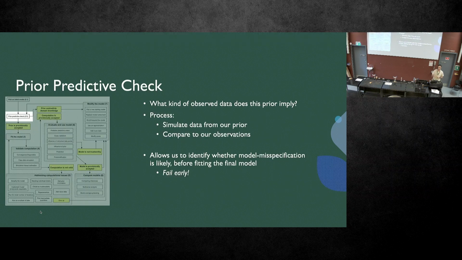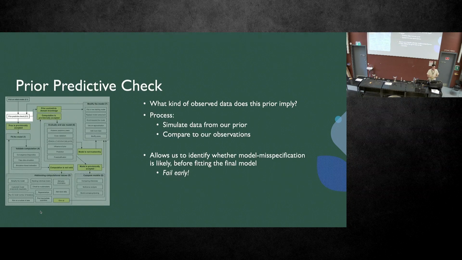And if that simulated predicted data is impossible or markedly different to our actual observations, then we already know before we fitted the model that this model probably isn't good for our data. So you can identify before you've spent these hours, these days in computation, well, maybe I should try something a bit different.